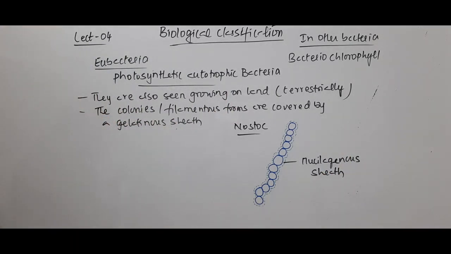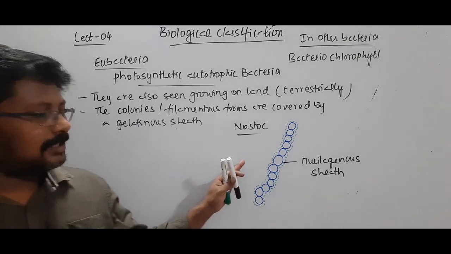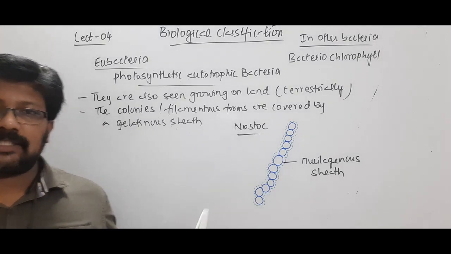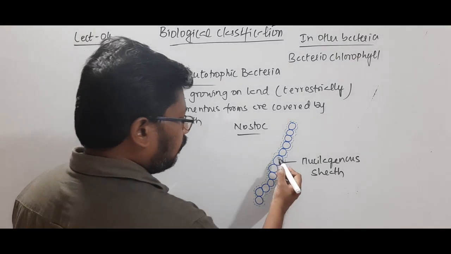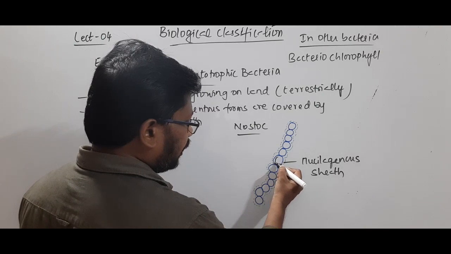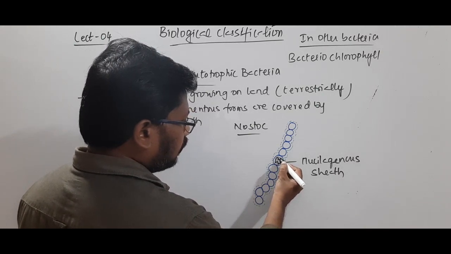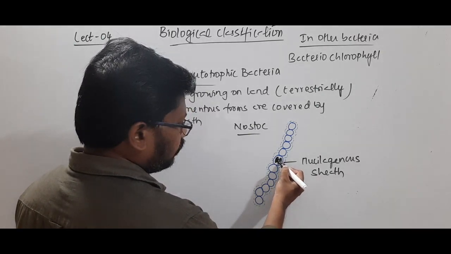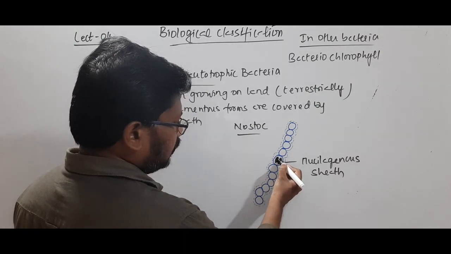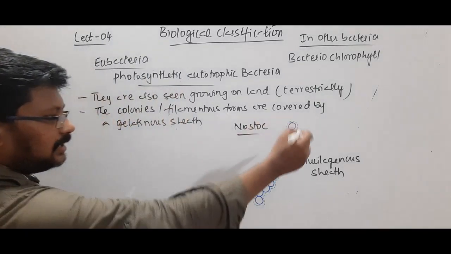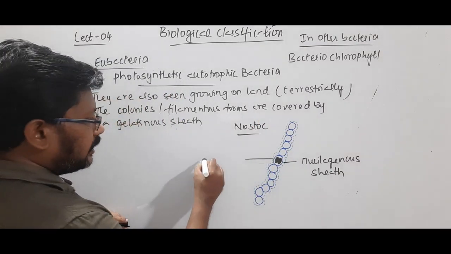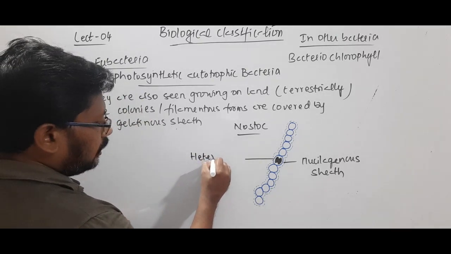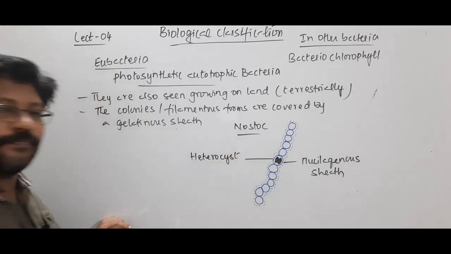Okay, then here some cells in the Nostoc are able to fix atmospheric nitrogen. Those cells that are capable of fixing atmospheric nitrogen are called heterocysts. You can see in this case, this is a cell that is capable of fixing atmospheric nitrogen, and that is called a heterocyst.